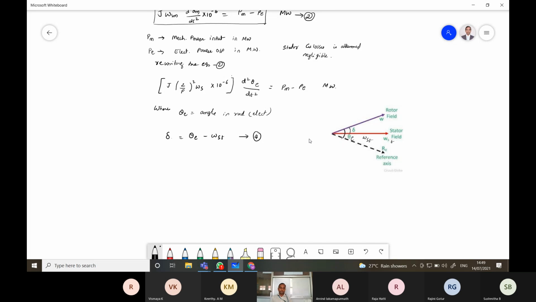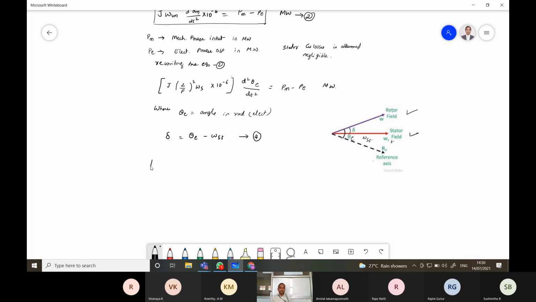This is equation 4. The angle between the stator field and the rotor field is called delta. The total angle, the rotor electrical angle theta e with respect to the reference axis, minus omega s t gives the delta value.